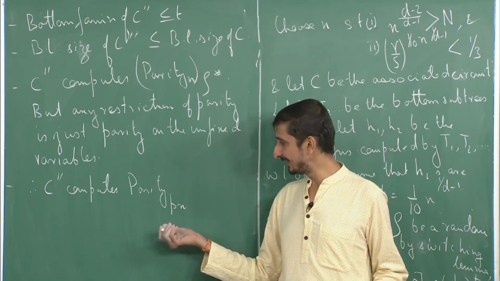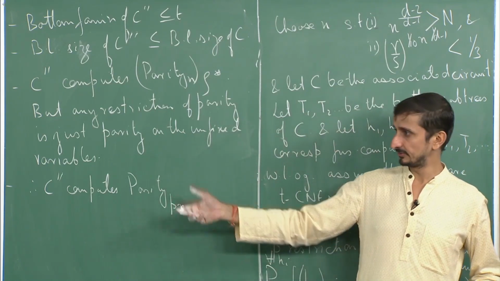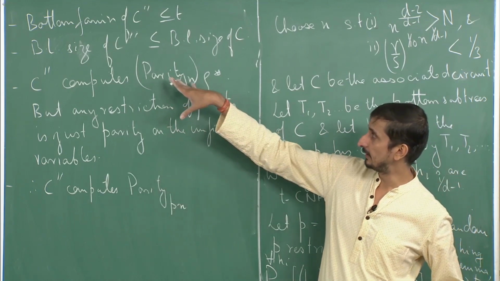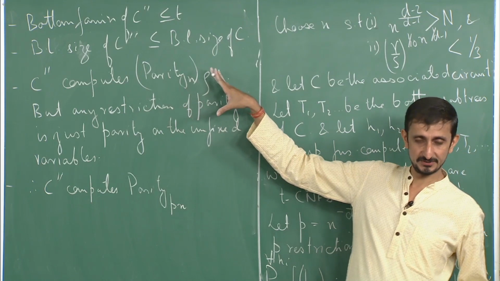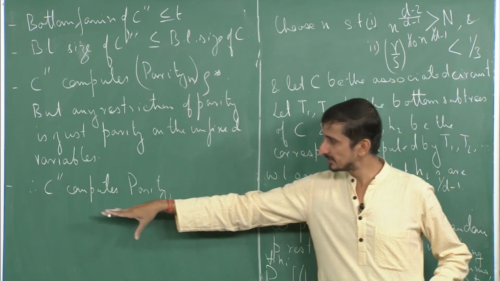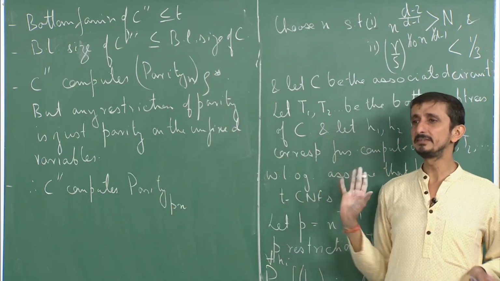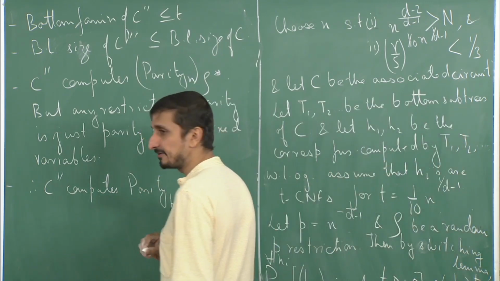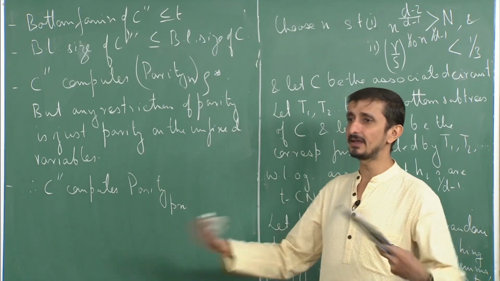Only these many unfixed variables remain after this restriction rho star. Now, what is the value of p, or how many variables are remaining unfixed now?